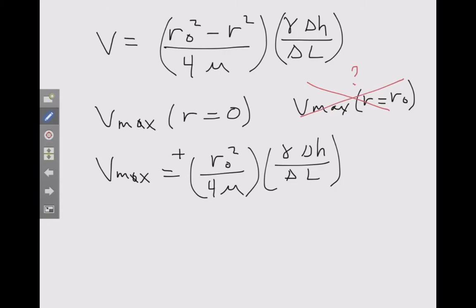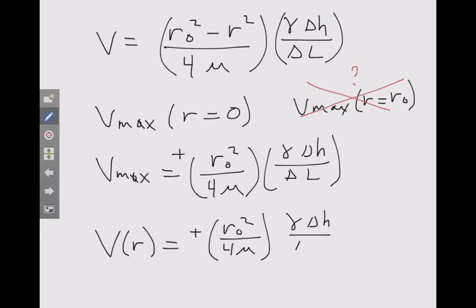And now when we also rearrange to get our final equation for the velocity, we also have a positive r0 squared over 4 mu, gamma delta h delta L from before, and we can rearrange that to be 1 minus r squared over r0 squared.